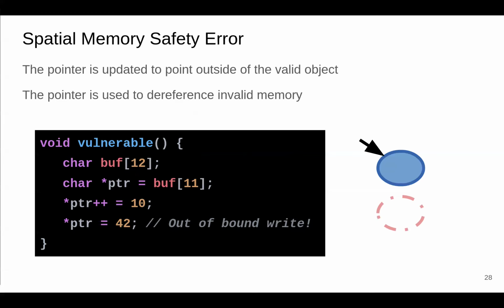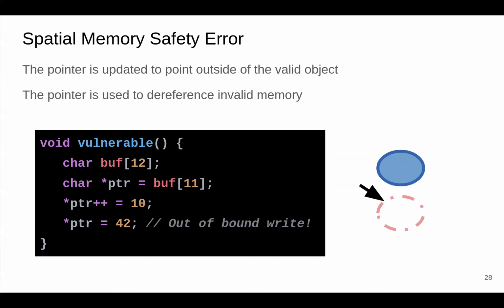Spatial memory safety errors, like in this example here: we have a buffer of 12 bytes and a pointer to this buffer. We write 10 to it, increment it, then we write 42 to it, which means that we are writing 42 outside of this buffer, somewhere into no man's land, which results in a memory corruption.